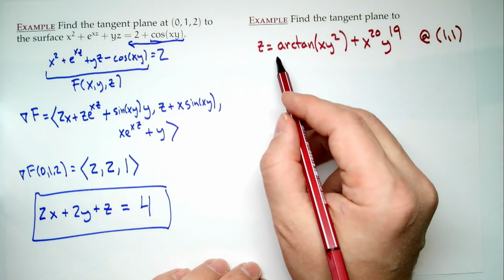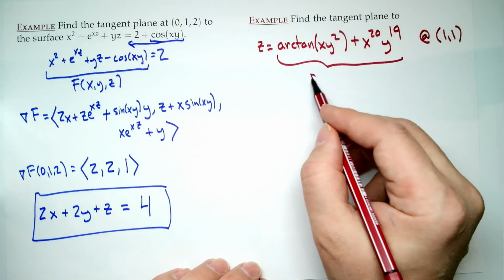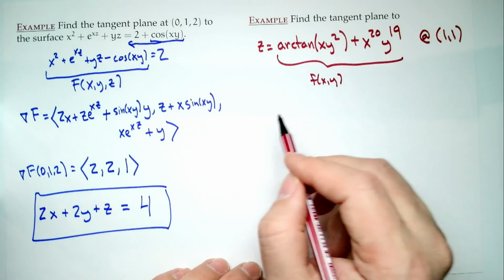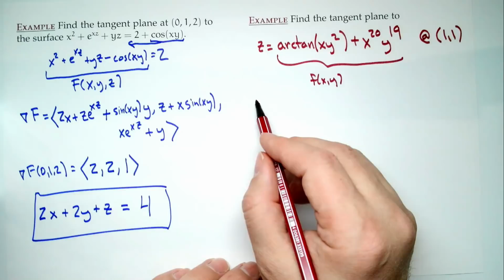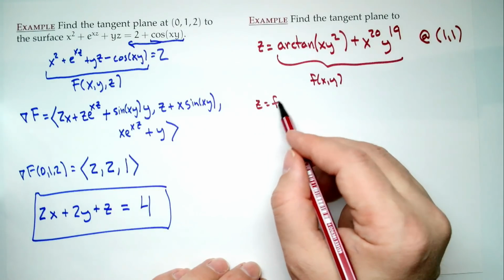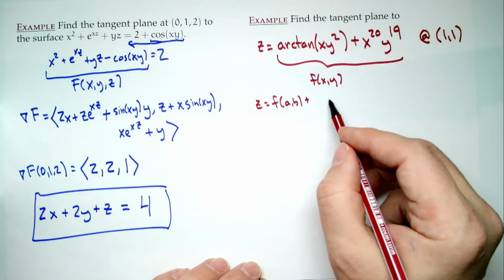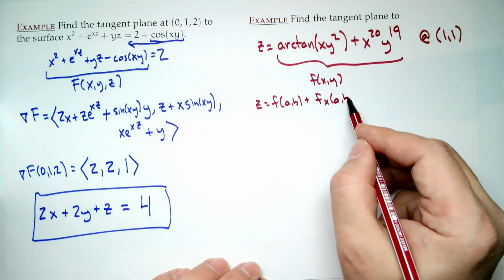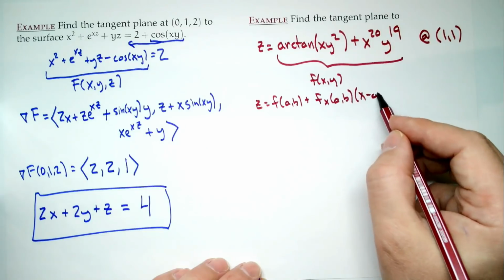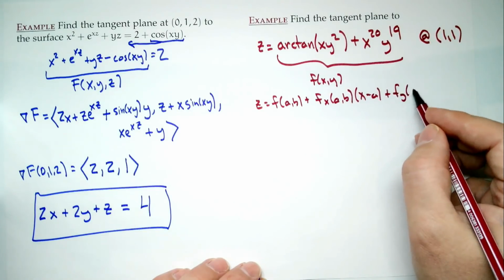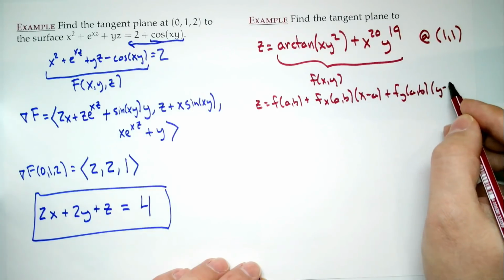So, right now, this is our f of x, y. So our formula for reference, let's just remember, is f of a, b plus f sub x at a, b times x minus a plus f sub y at a, b times y minus b.